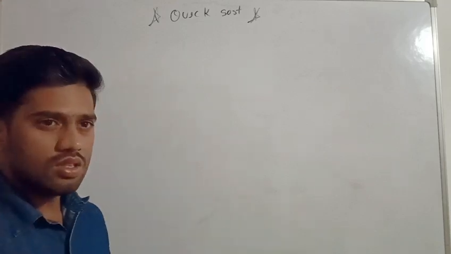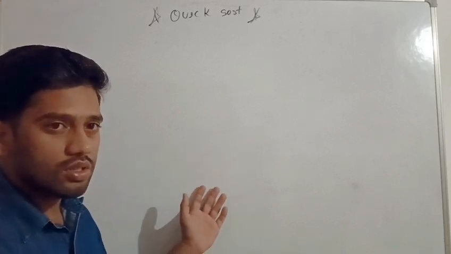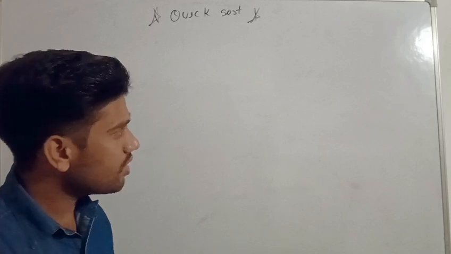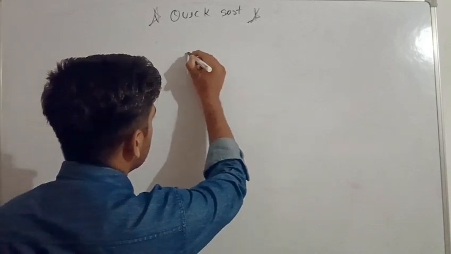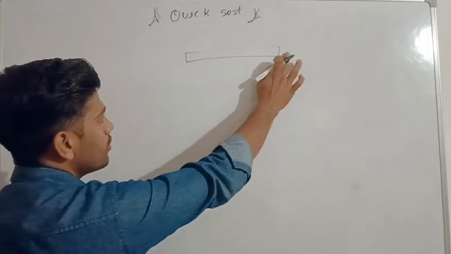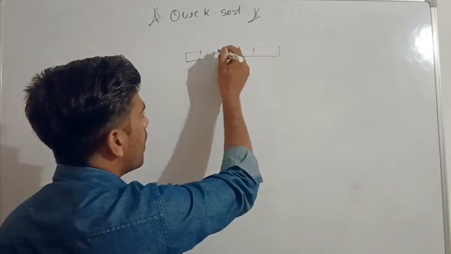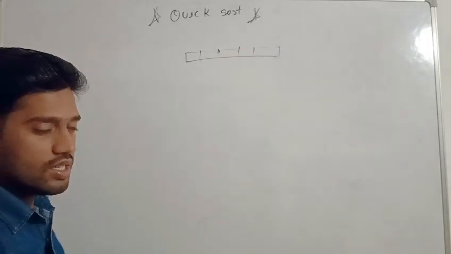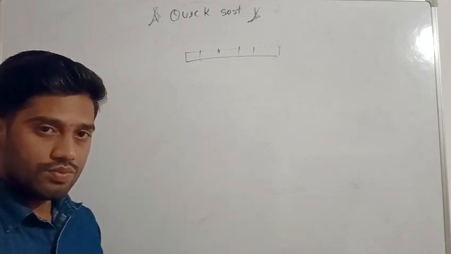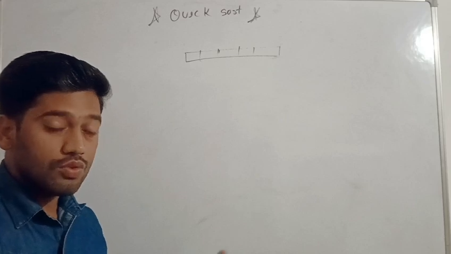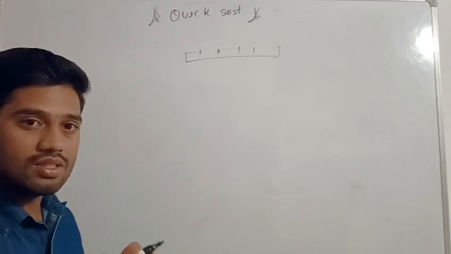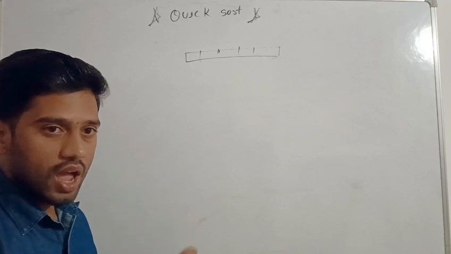And the basic funda of quick sort is partitioning. Suppose there is a given array, and this array should be partitioned into two halves, where the element which we have selected should be set at its appropriate place.